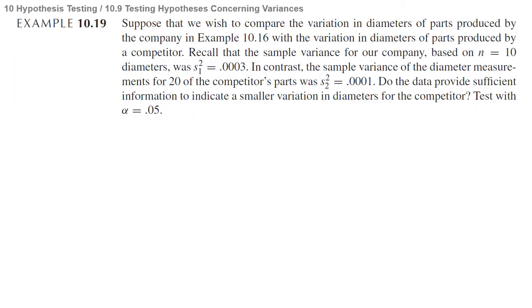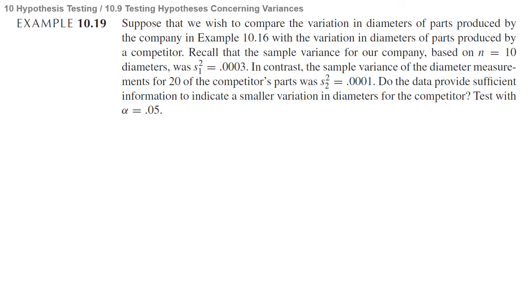Let's move on to example 10.19. Suppose that we wish to compare the variation in diameters of parts produced by the company in example 10.16 with the variation in diameters of parts produced by a competitor.